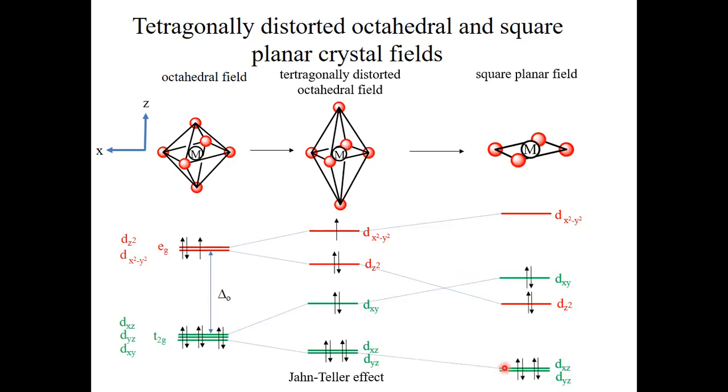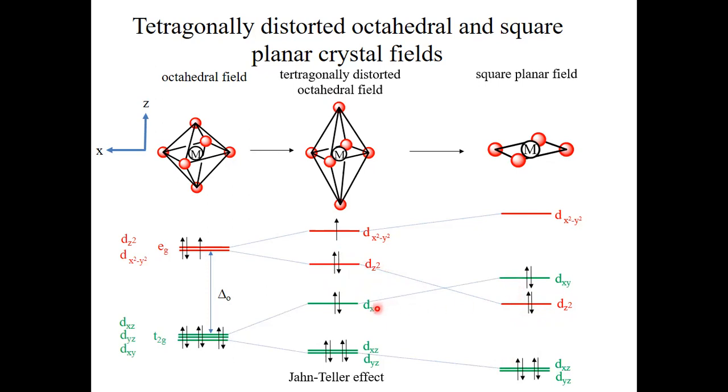Now I need to fill in my 8 electrons, and you can see that I can further stabilize my electron energy overall. Certainly the energy of the electrons in the dz square orbital has been further stabilized.